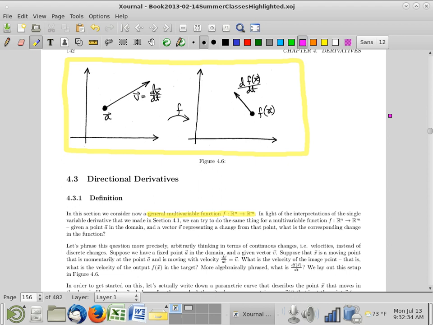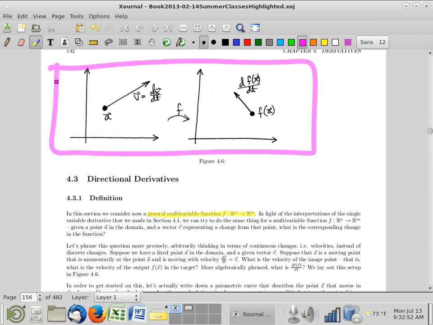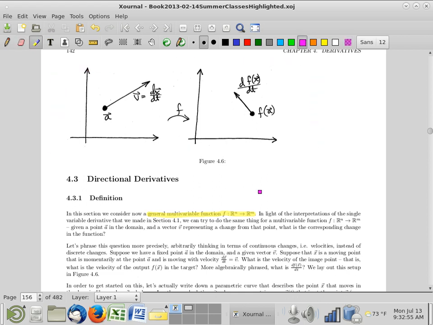You have a domain and a target, and we're asking: if there's a change in the input, what's the corresponding change in the output? We talked about that in the first section of this chapter. This is really just a picture of that idea extended to a really multivariable function.